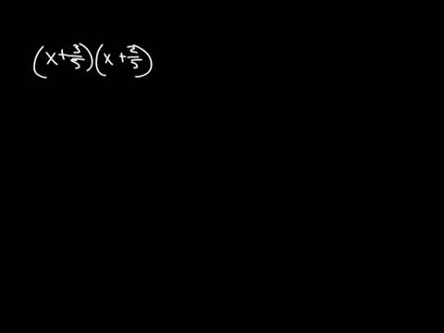Okay, so number 16 is with fractions, and we do the FOIL method. So we're going to take x times x, the first ones. We're going to take the outside ones, x times 2/5. We just stick them together because you can't multiply a number times a letter. Then we're going to do the inside, same thing.